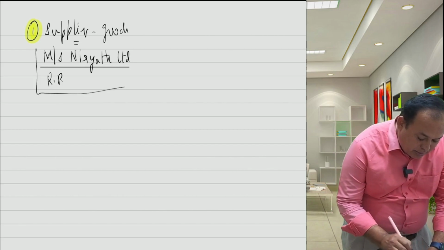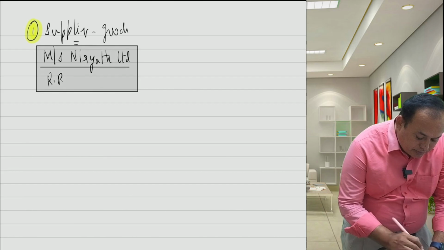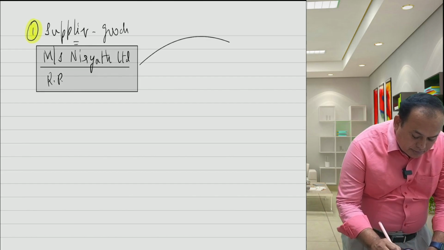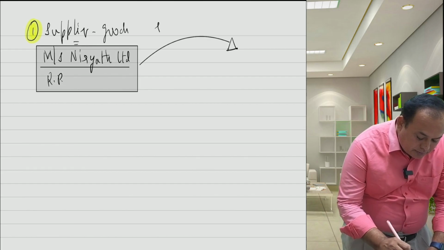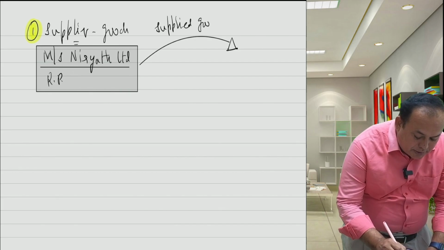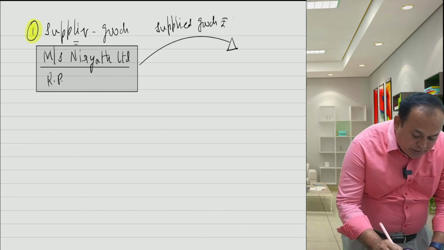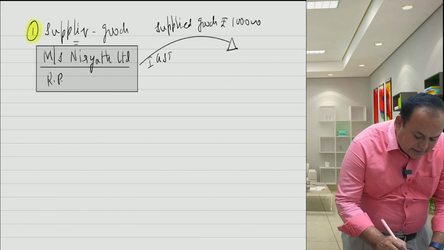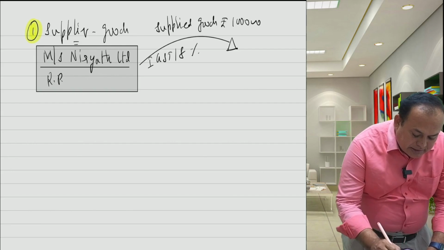Now this gentleman supplied goods for rupees 1 lakh, for example, and the GST, let us say IGST 18%, to whom?